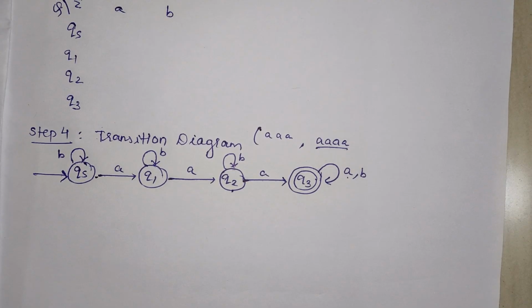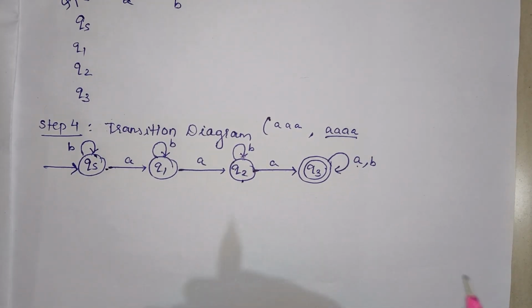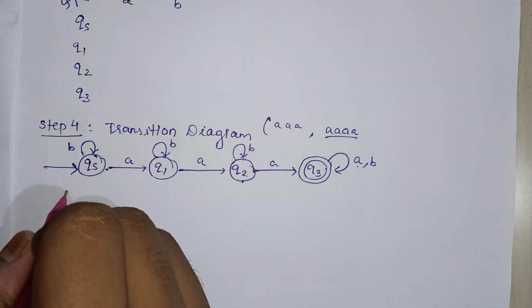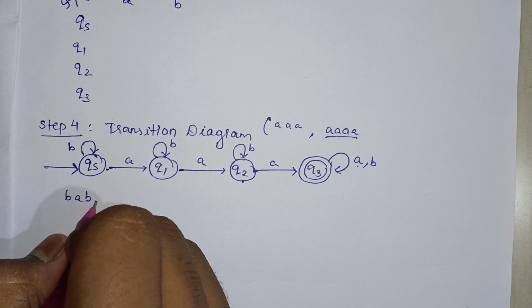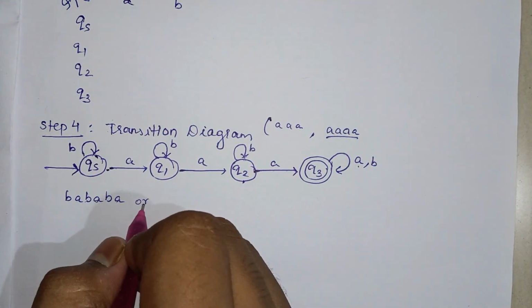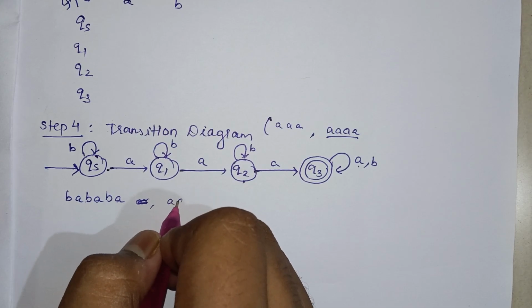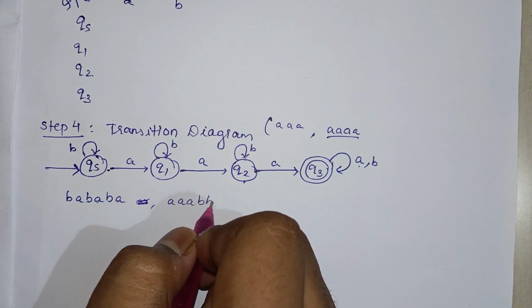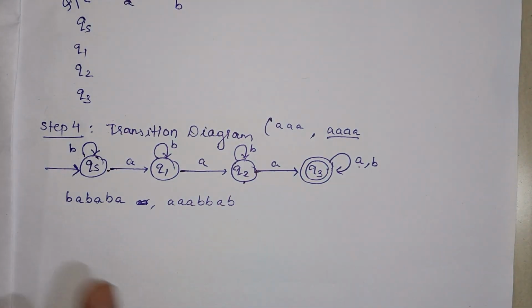Now there can be any type of input like this: b a b a b a, or a b b a b.